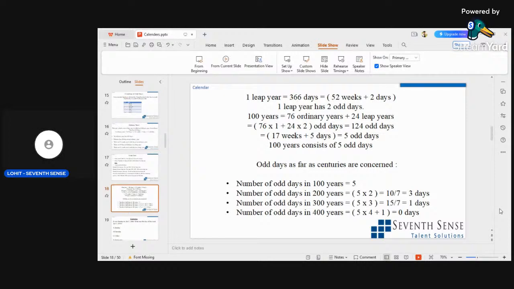If everyone is facing the same issue, then there will be a network issue on my side. Okay, wait, I will just check my internet connection, just 2 minutes. Just a moment guys, I will change my connection.